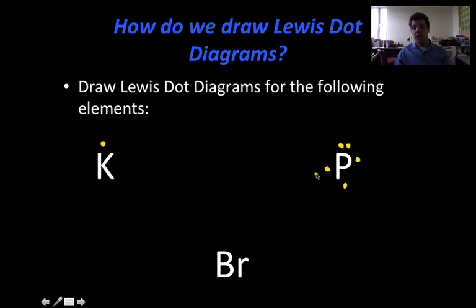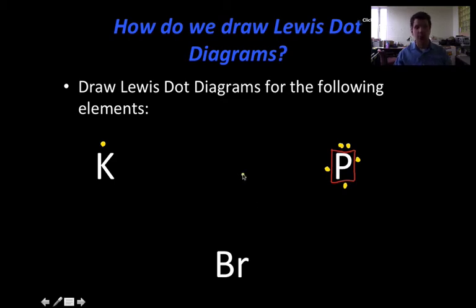One big thing that I like to point out is that it's almost as though there's a box surrounding the symbol, and each side of that box can have a maximum of 2 dots on it. You're not actually going to draw the box, but know that each side of that box is going to have at most 2 dots around it. So phosphorus has 5 dots for his 5 valence electrons.